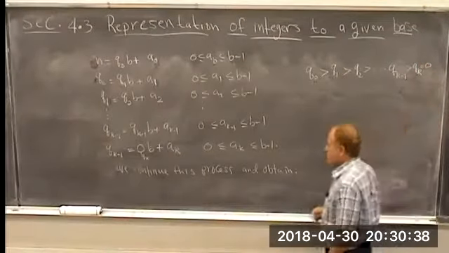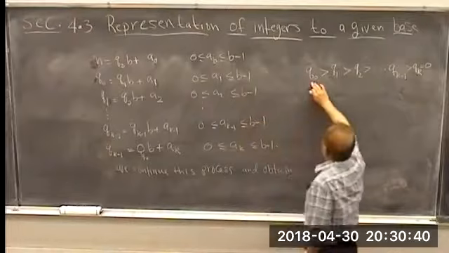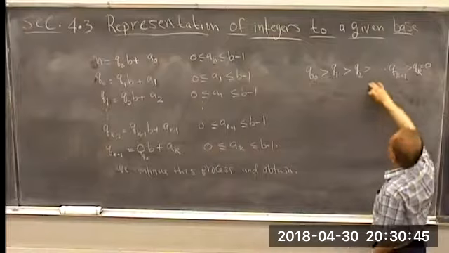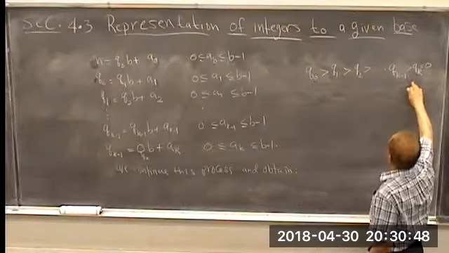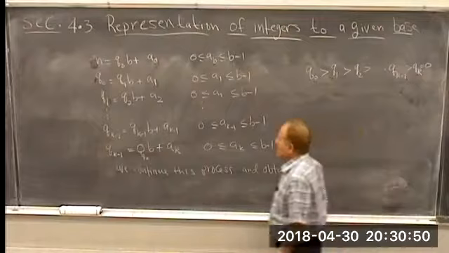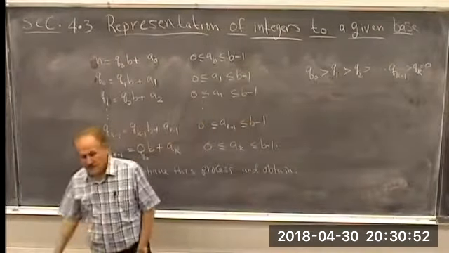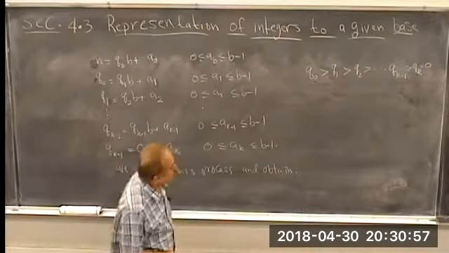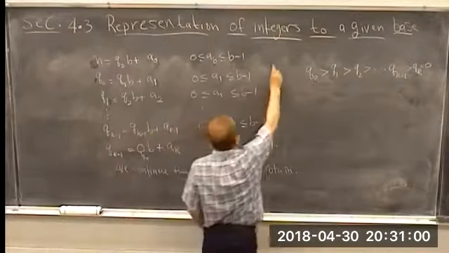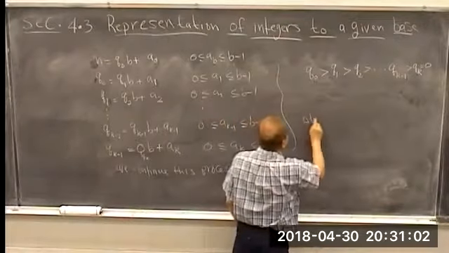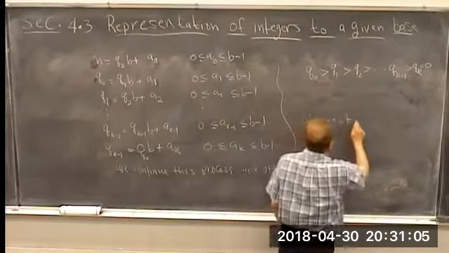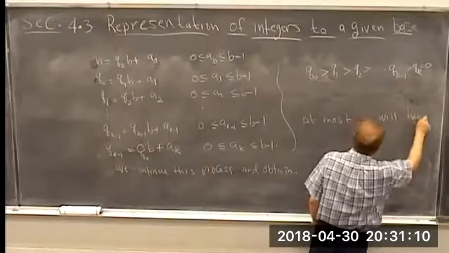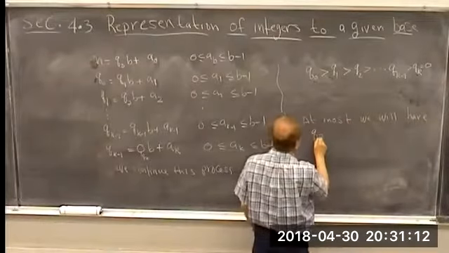Now, this must stop because, as you see, this is a decreasing sequence of positive integers, and it cannot continue. In fact, at most, there will be q sub 0 steps.